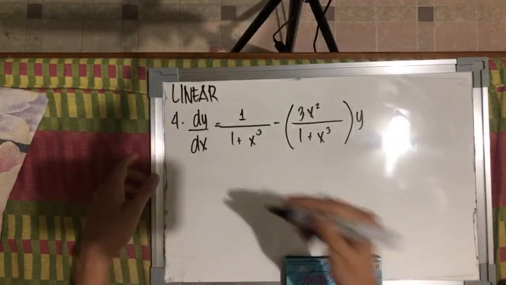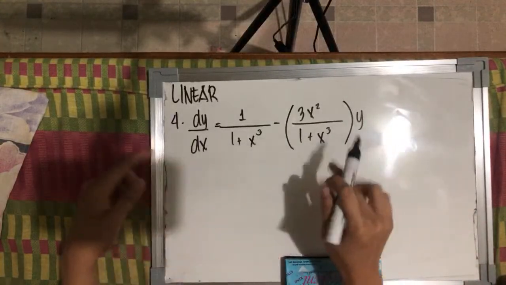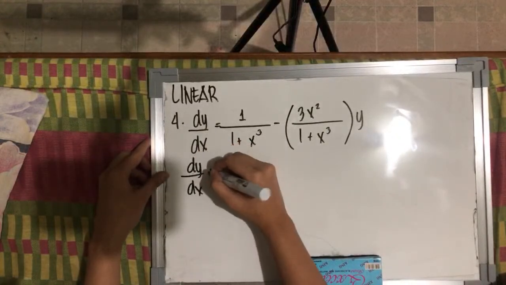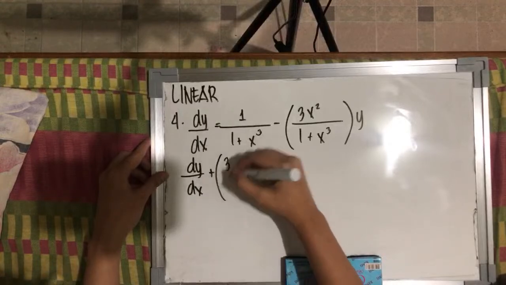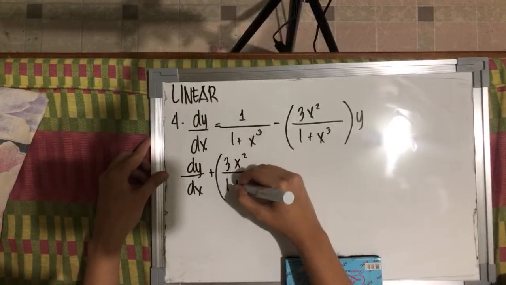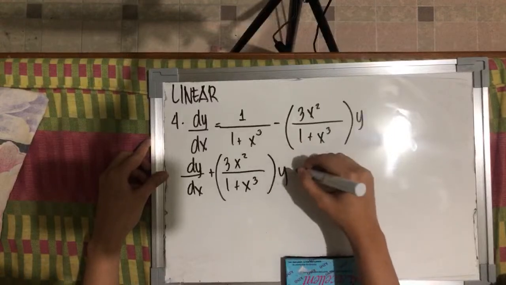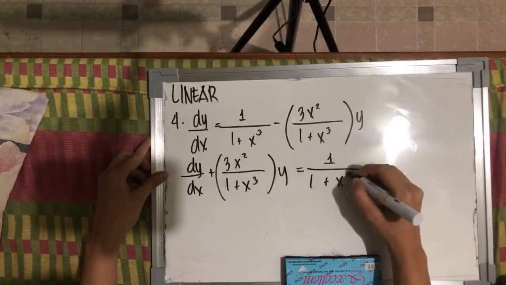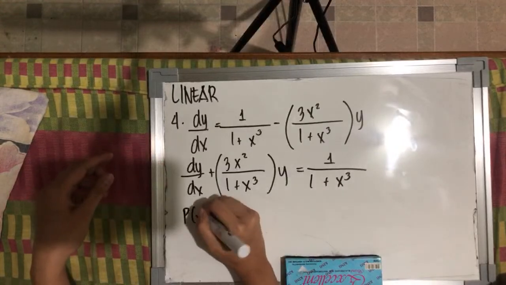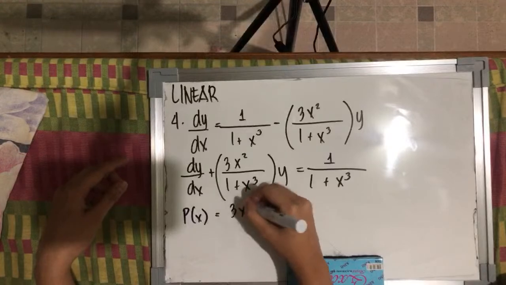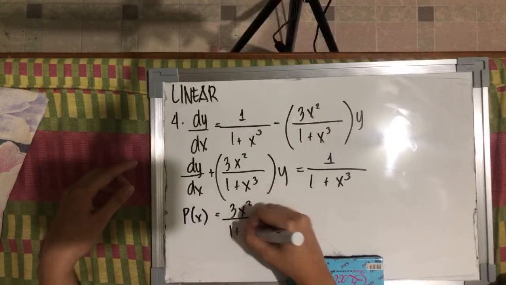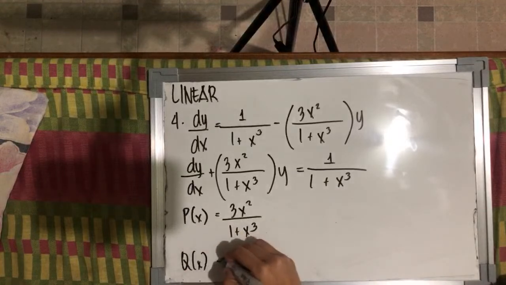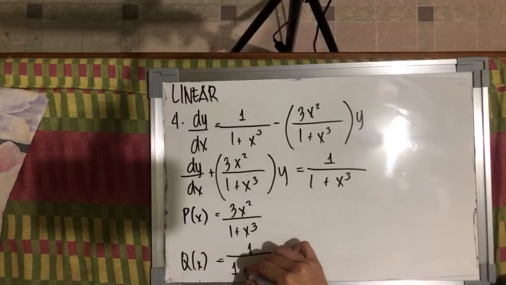So, standard form, i-transpose ko to sa kabila. So, dy over dx plus 3x squared over 1 plus x cubed times y is equal to 1 over 1 plus x cubed. So, ang p of x ko dito is 3x squared over 1 plus x cubed. And ang q of x ko dito ay 1 over 1 plus x cubed.